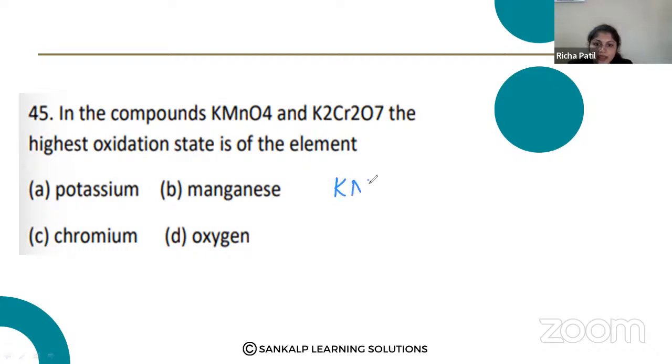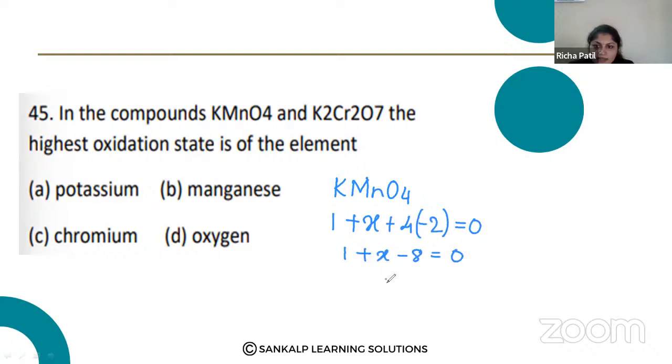So KMnO4: K is 1, right? Mn we don't know, plus how many oxygen atoms are present? 4. Each oxygen atom is -2, equals 0. So it will be +7.